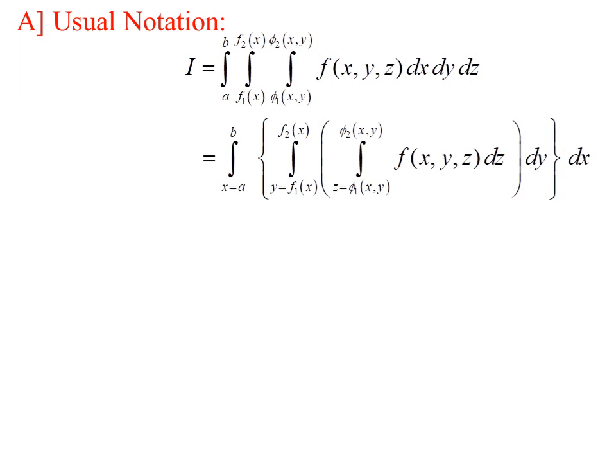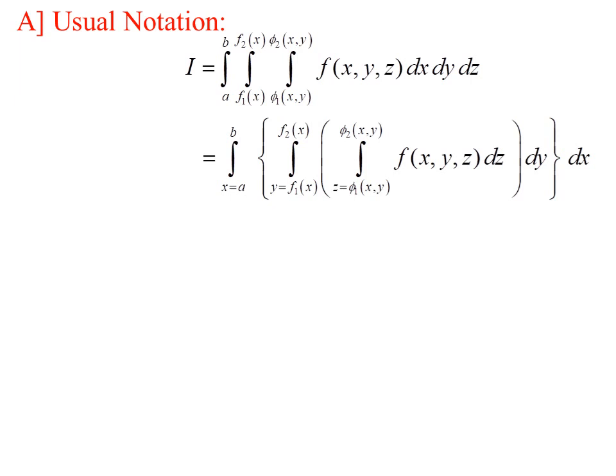Now in the first integration, the limits are not given properly, but we can rearrange them based on our limits. As far as the limits are concerned, phi1 and phi2 are functions of x and y, which means they should be limits of z. Secondly, f1 and f2 are functions of x, that certainly means these two are limits of y.